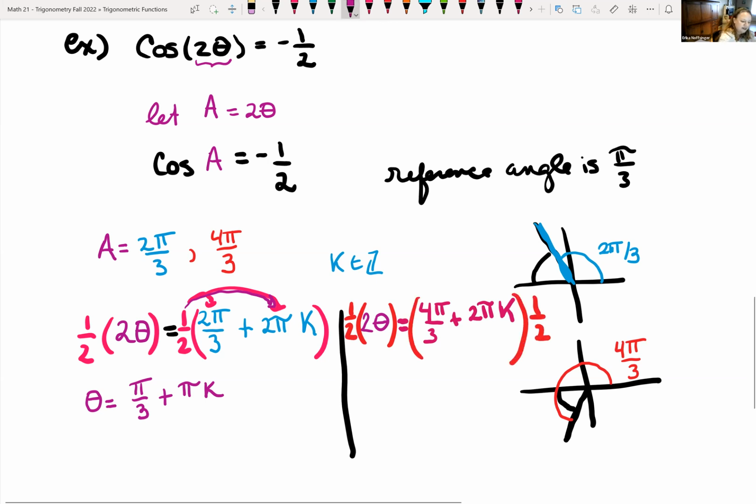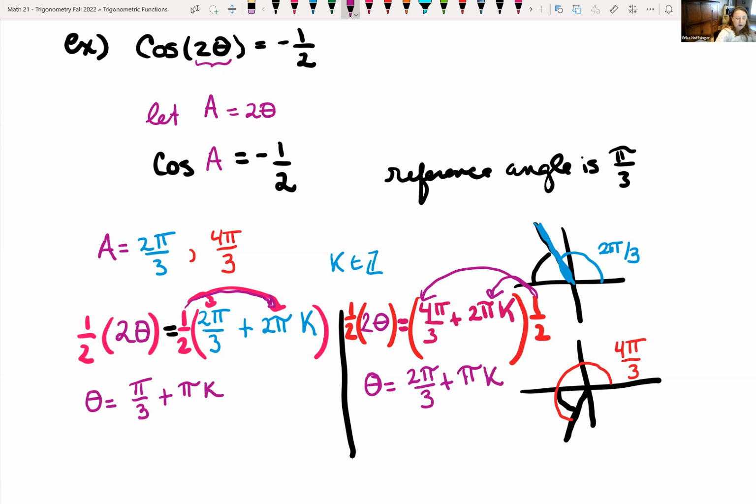So that would give me theta here is equal to, so distributing the 1/2 to that 4 pi thirds, 2 goes into 4 twice, so that would give me 2 pi thirds plus 1/2 times 2 pi k, again, the 2's cancel, giving us pi k.